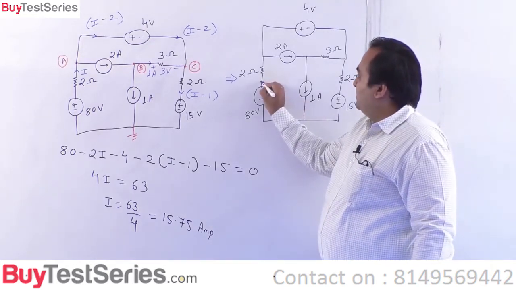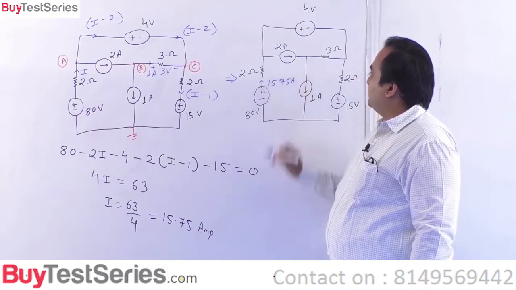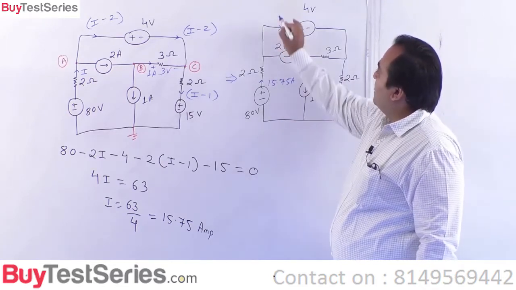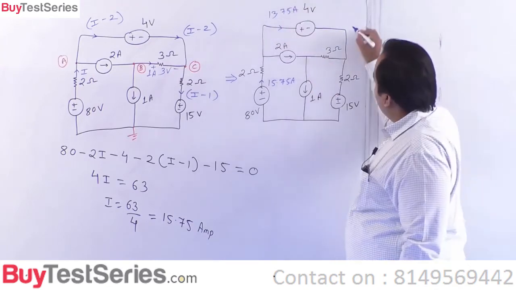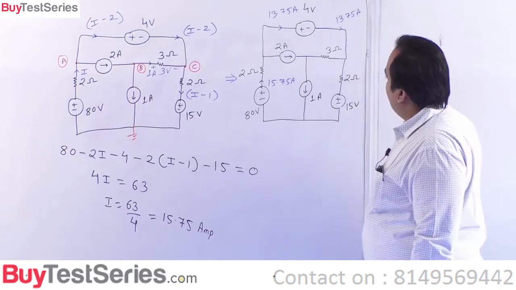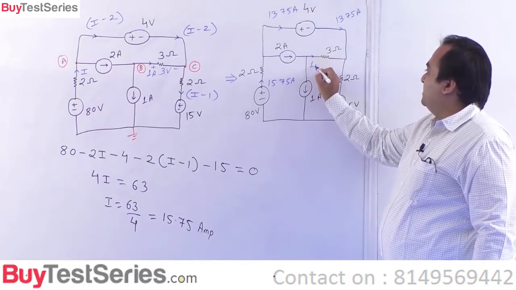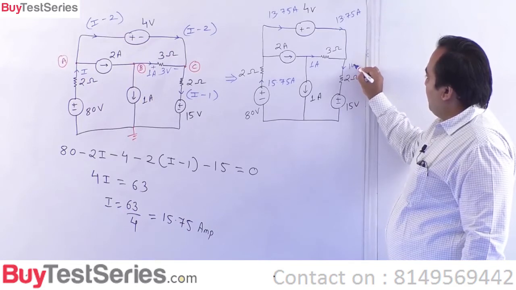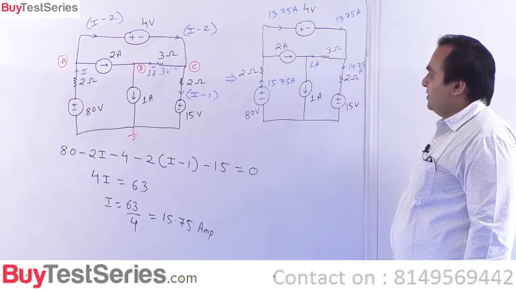So this has to be 15.75 amperes. So this must be 13.75 amperes. So 13.75 amperes comes on this side. This is anyway 1 ampere already indicated. So 1 plus 13.75 will become 14.75 amperes like this. Is this okay?